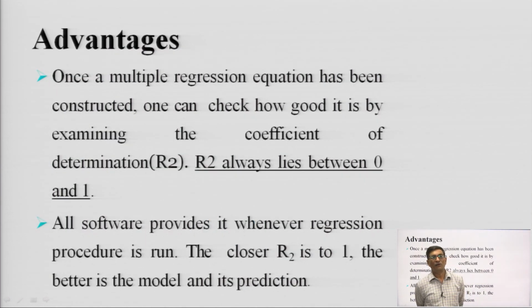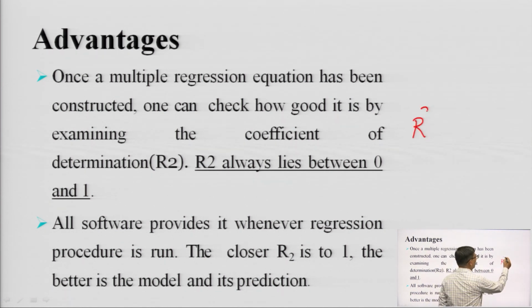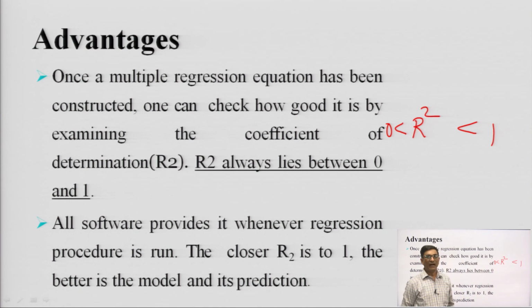Advantages of multiple regression: once a multiple regression equation has been constructed, one can check how good it is by examining the coefficient of determination. This is R square, and R square lies between 0 and 1, and for good prediction R square must be close to 1.